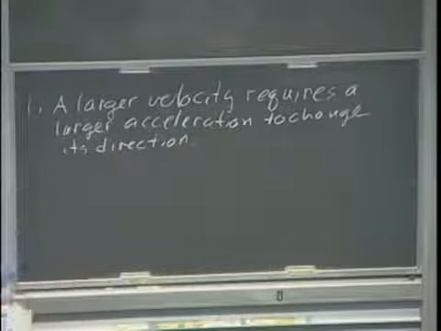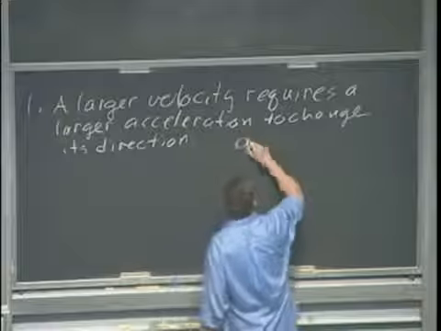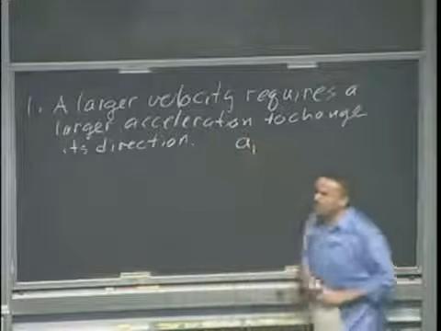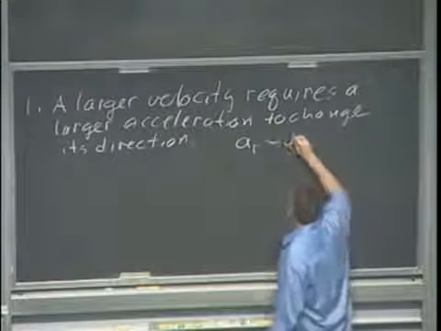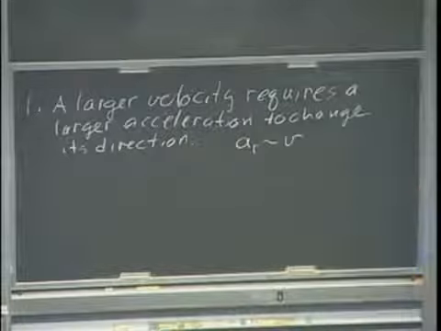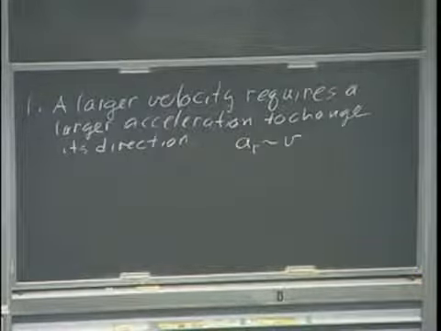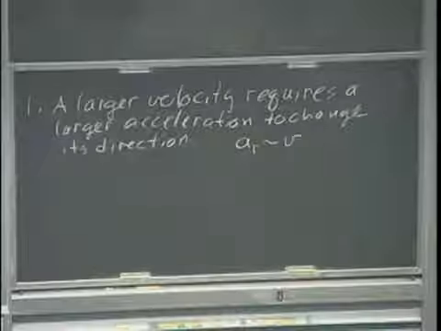So that tells us that we probably have a factor where the acceleration, we're going to call this little a_r for the centripetal acceleration, we'll formalize this in just a second, is probably at least proportional to the velocity. If you double the velocity, you probably need at least twice the acceleration in order to turn it in the same way.